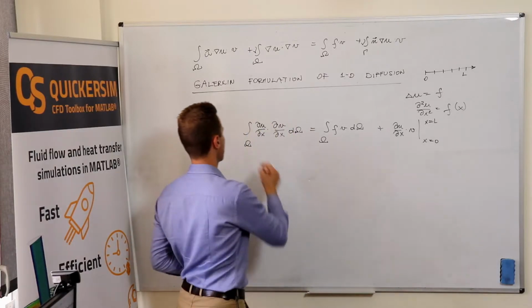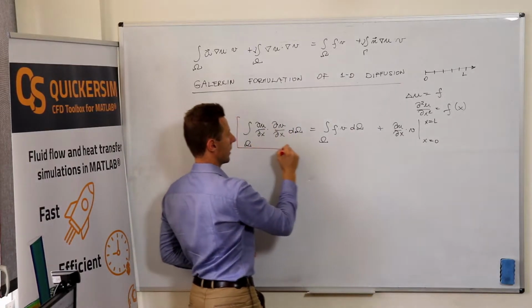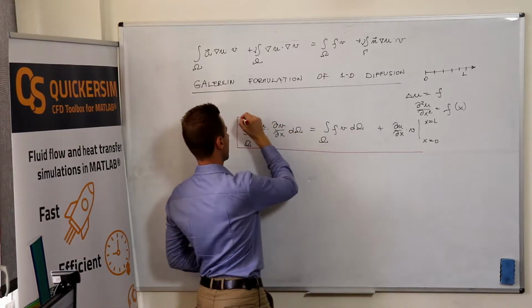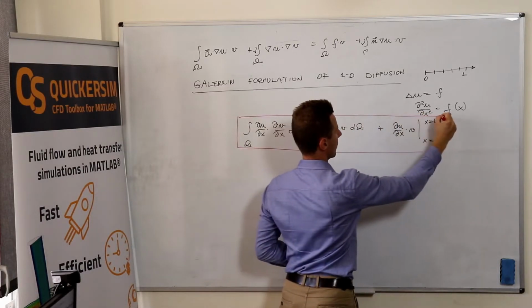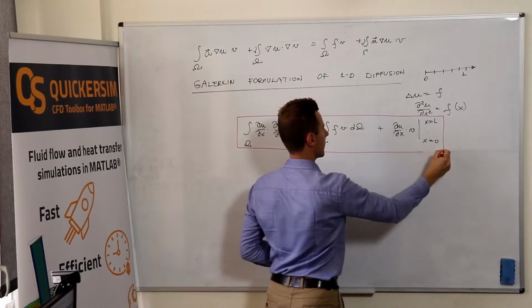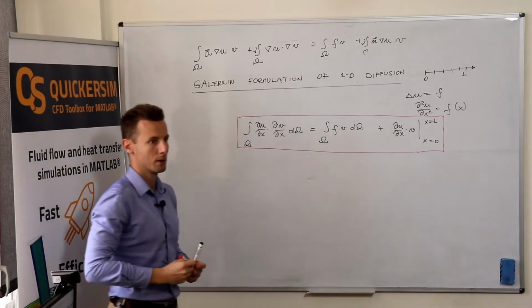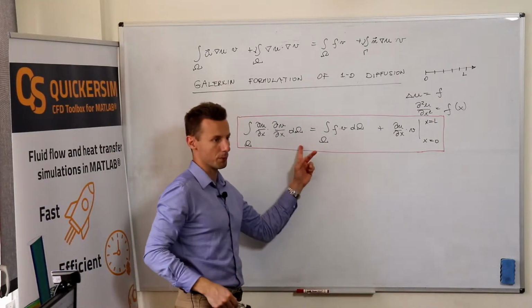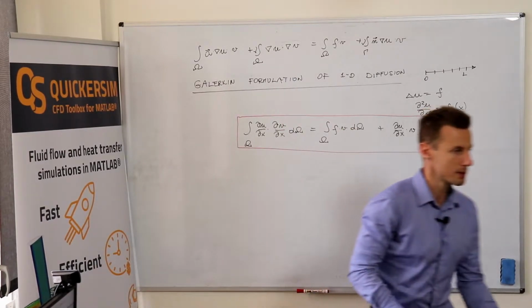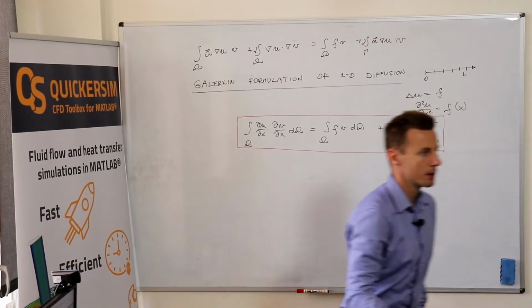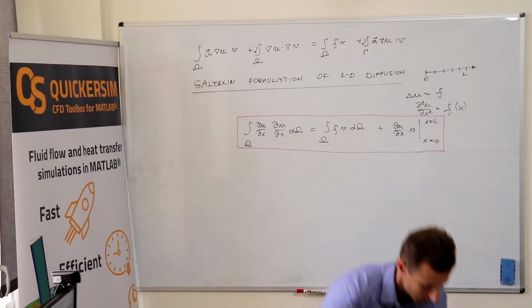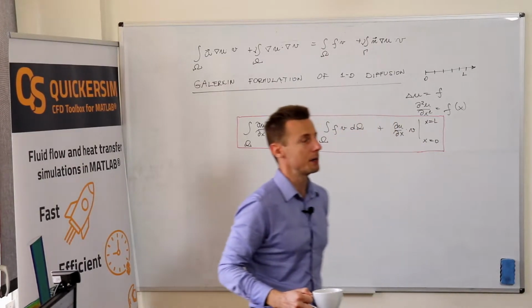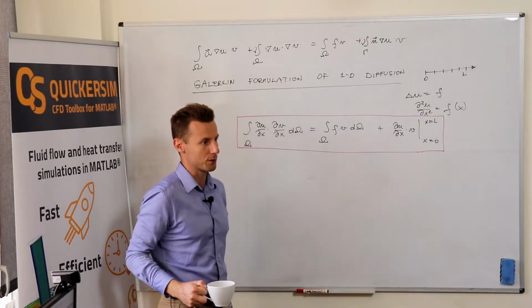Is it already a discretized equation? No, it isn't. So it's just the weak form. It's just the weak formulation, but still the continuous, in the infinite dimensional function space.